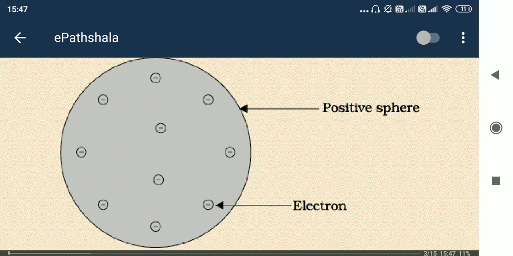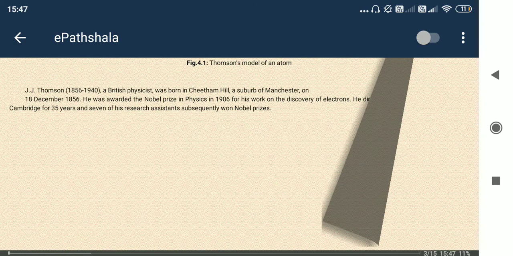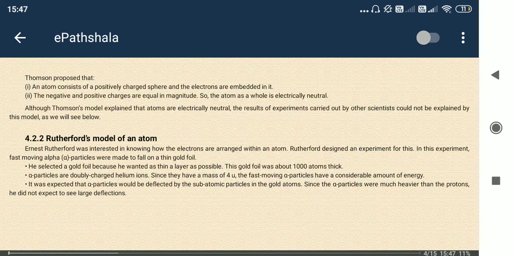According to the Thomson model, there was a positive sphere, and inside the positive sphere electrons were located. But this is not true. Further study shows that it is not true, okay. This was proposed by J.J. Thomson.